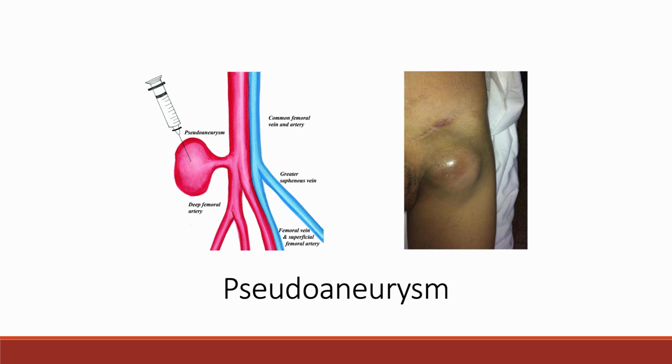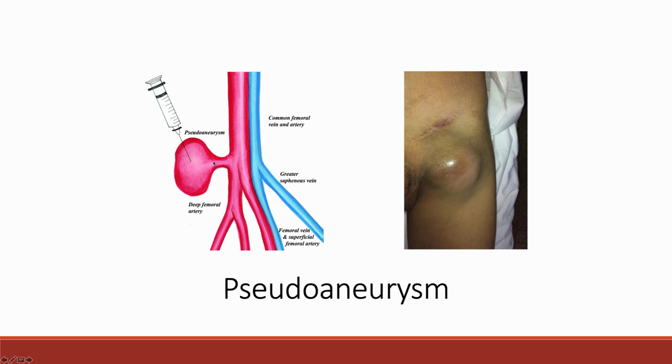The other thing that can happen is this thing called a pseudoaneurysm. So an aneurysm is where the wall of the vessel pops out. In this case, a pseudoaneurysm is where the vessel wall is fine, but there's a hole through the wall, and now this big blood clot has formed, and inside the blood clot is fresh blood that's coming directly from this hole in the artery.